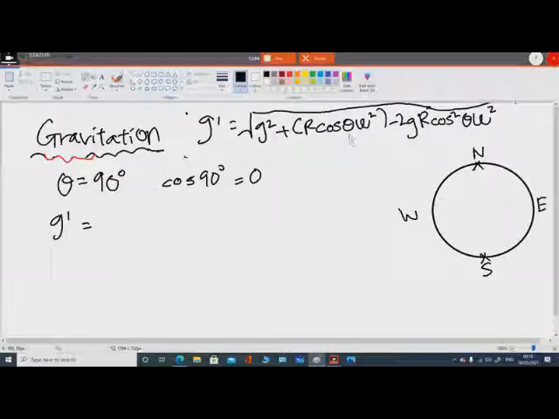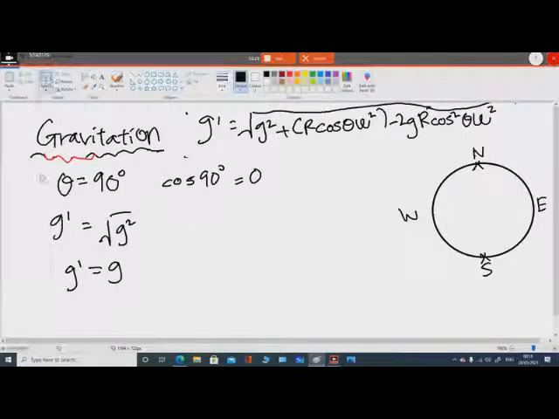So this one becomes 0 and this one becomes 0. So what we are left with is g squared. So our g prime is equal to g when it lies at north or south.